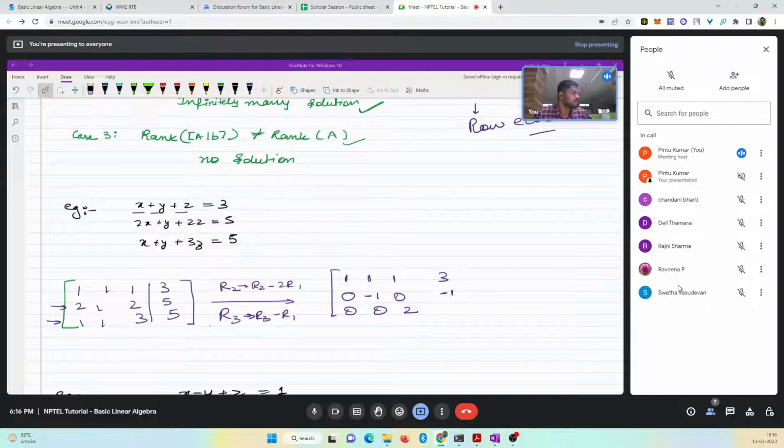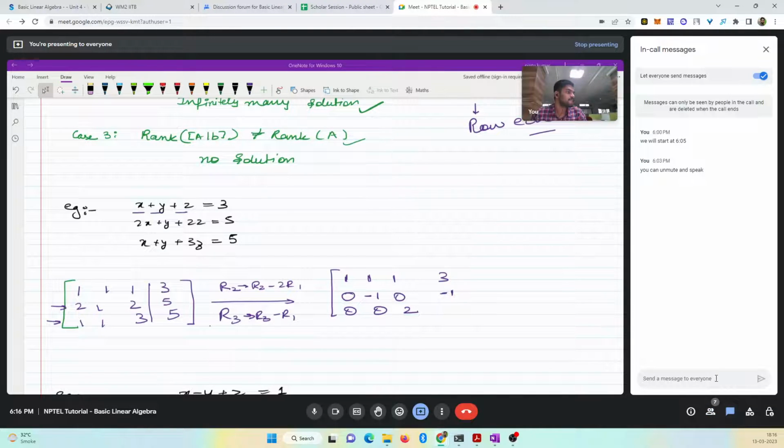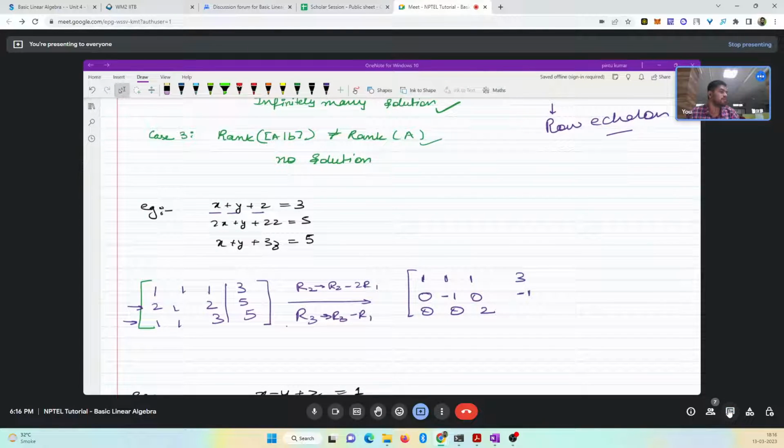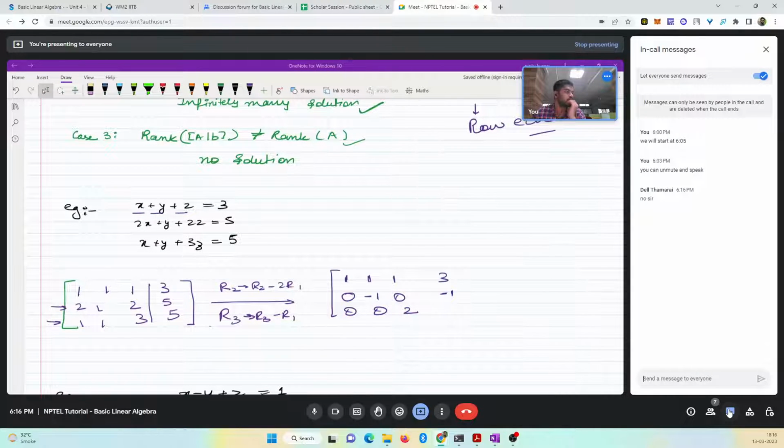Thamarai, do you understand Hindi? And Ravina P, do you understand Hindi? Can you write it in the chat box? No, sir. Then it would be difficult. Whoever wanted this to be done in Hindi, if you have any specific doubt, I can address that in Hindi. But it would be difficult to run the complete lecture in Hindi.